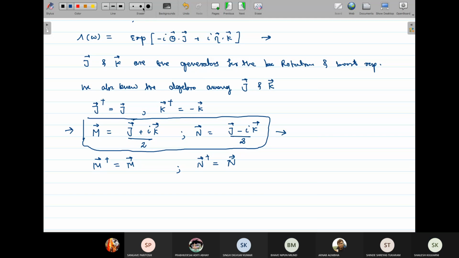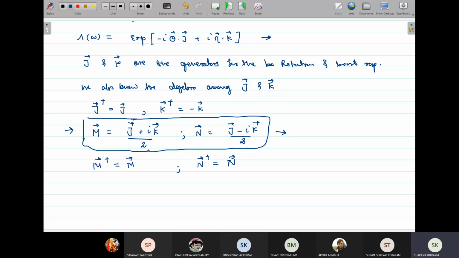Yes, sir. Okay. Now your question was why we require M and N. Once we write the generators in this form, there is a way to classify the representations. In the M and N way of writing, there is a clear way of representing these matrices or classifying these Lorentz transformations further.